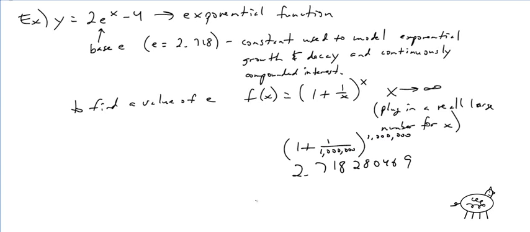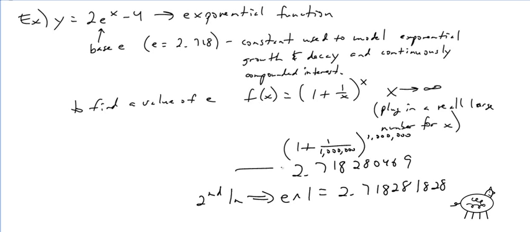And if I actually type in on my calculator, I do second ln, which is the same thing as doing e, and you raise that to the first power. That's e to the first power, it's just e. And you get 2.718281828. Okay, so you can see these are very close. Okay, and obviously as the bigger number you get, the closer it even gets.